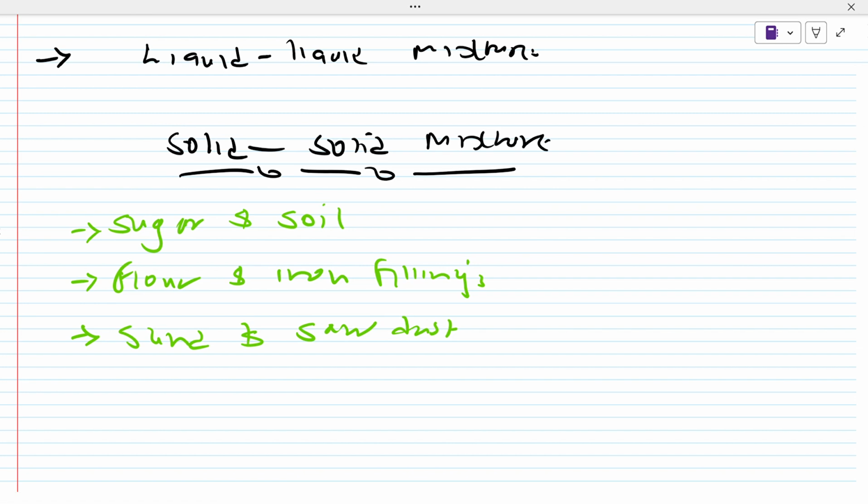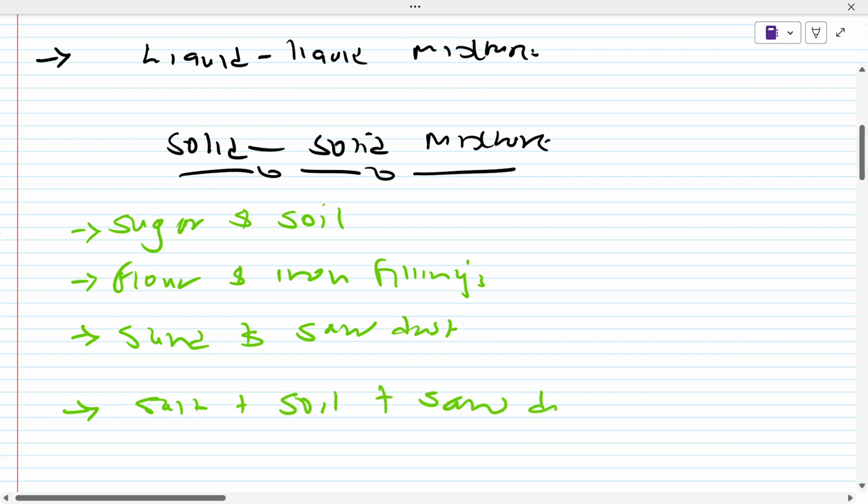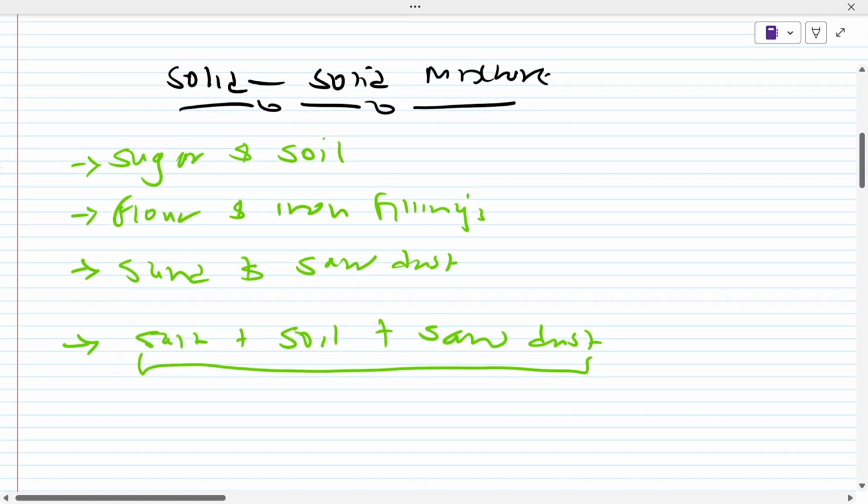They can even be more. I can have salt plus soil plus sawdust. All these are solid mixtures, meaning they are mixtures whose components are made up of solids or solid substances.